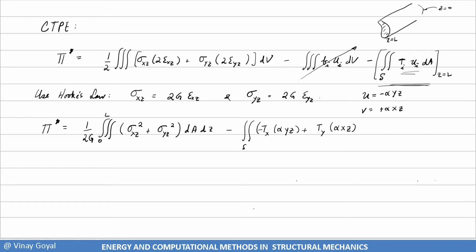I'm not applying traction on that surface. And that's evaluated at z equals L because I'm looking at this surface alone. That's the only surface I'm looking at. And so we can actually calculate what Tx and Ty are in terms of sigma xz and sigma yz. We can do that. So we can use Cauchy's relationship.